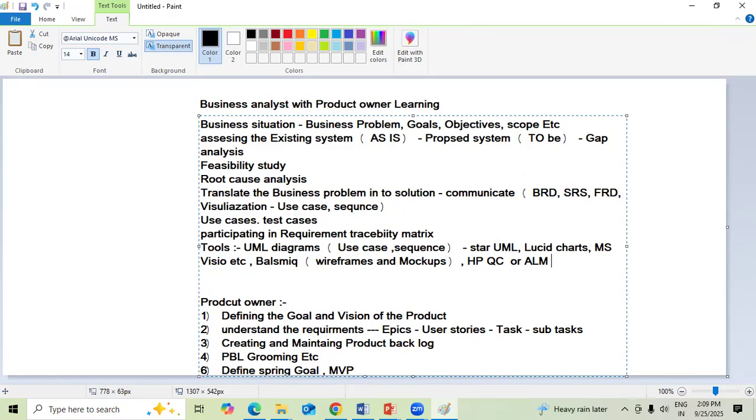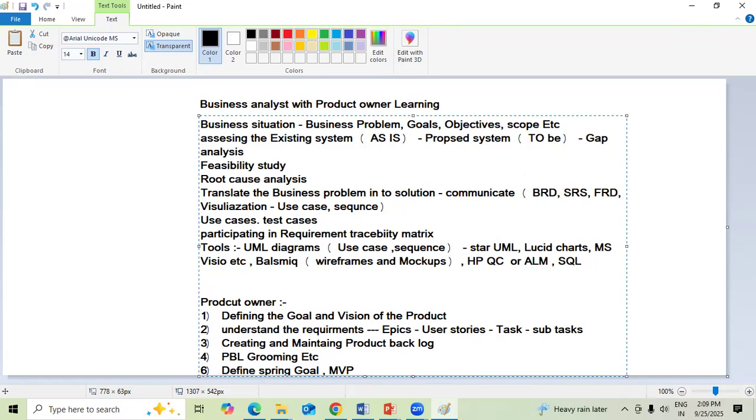Subject to condition, these tools are not open source and no trial versions are available. They're completely licensed tools available at the organization level. So a practical way of knowing about this will be difficult. There is a limitation. But for Balsamiq and UML diagrams we don't have that, whereas for QC, ALM and all, we do. That is one thing we need to know.